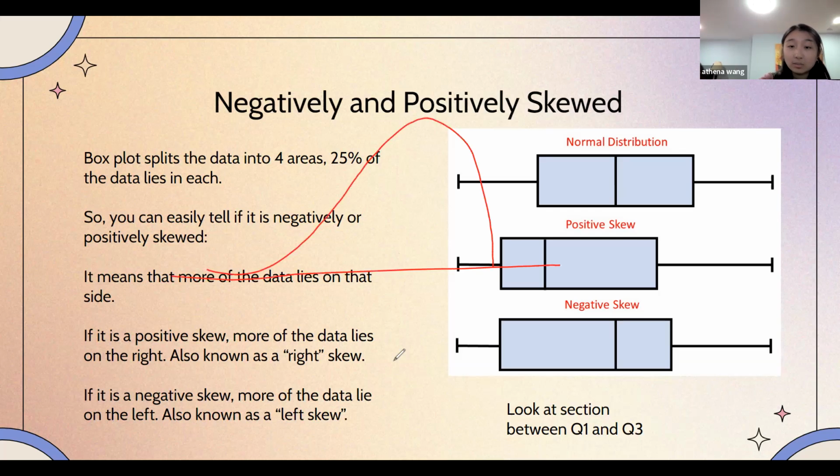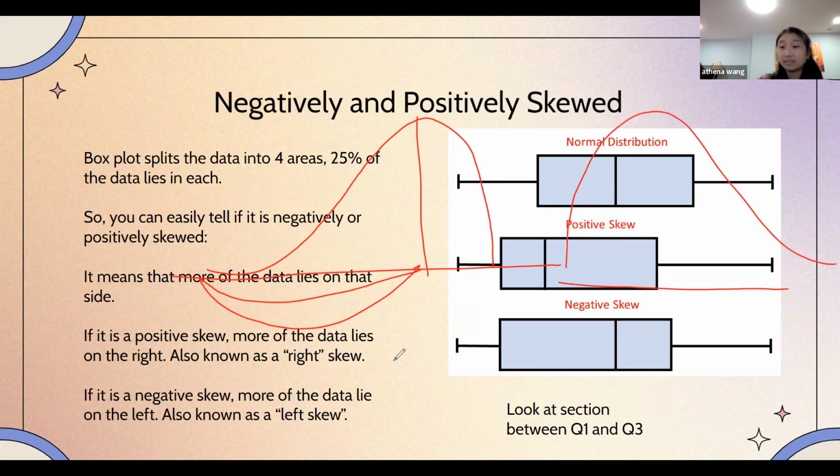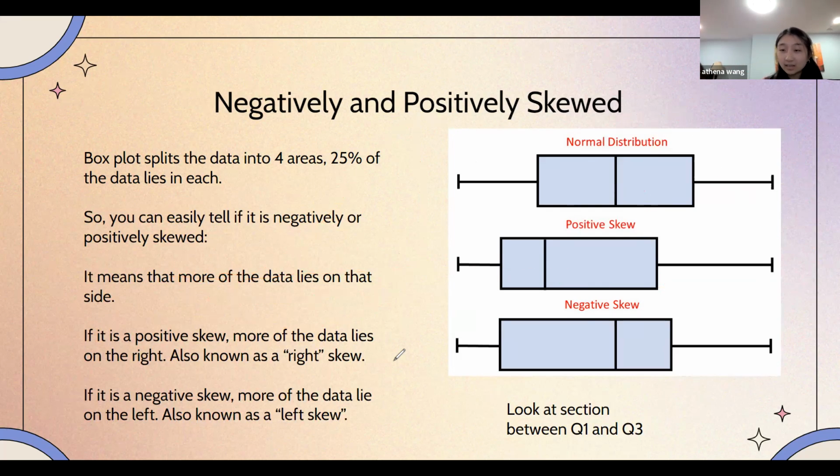If there is more of the data on this side of the graph, then that means that it is negatively skewed, left skew. If more of the data is on the right side of the graph, then that means it is positively skewed. It might be a little confusing, so we will try an example.